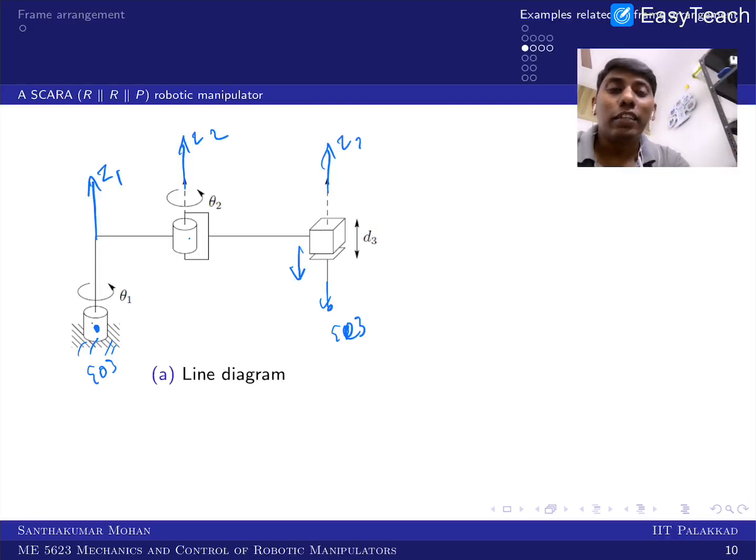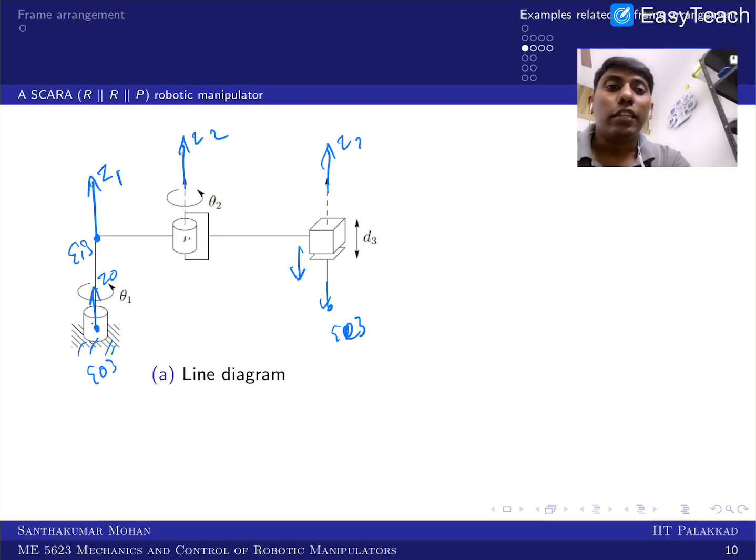You can see here conveniently I can take here as 1, that is possible, because I am taking Z0 parallel to Z1, so then the 1 frame is supposed to be along Z1, and these two are not intersecting, these two are parallel, so I can take conveniently anywhere on this line.